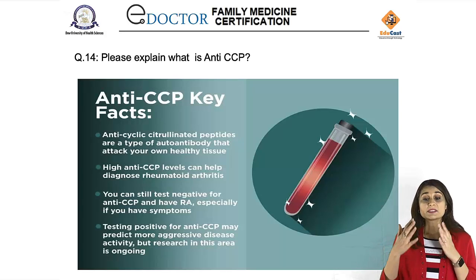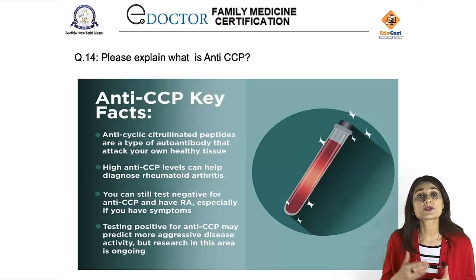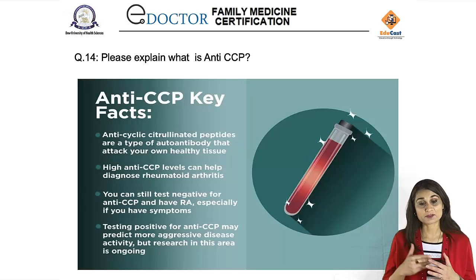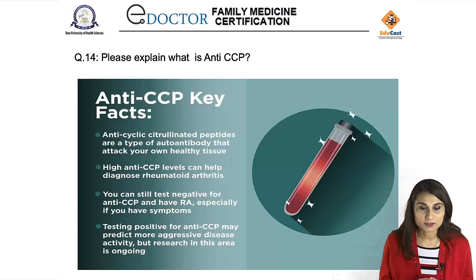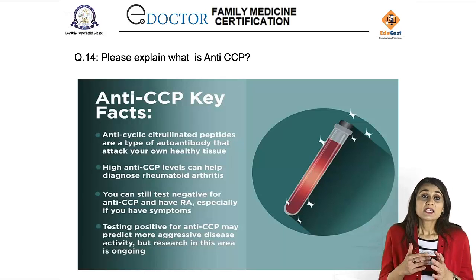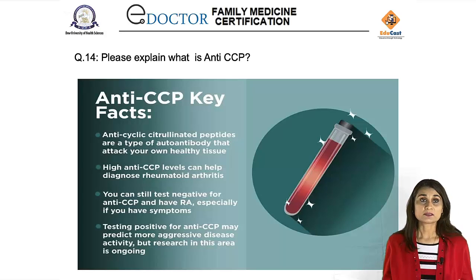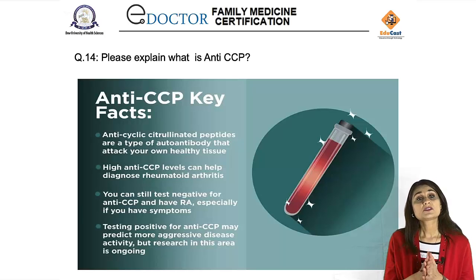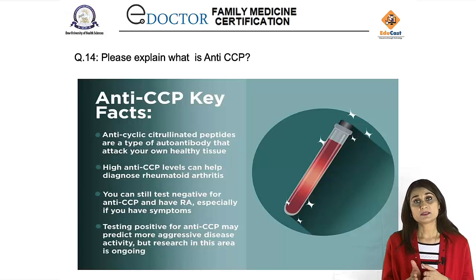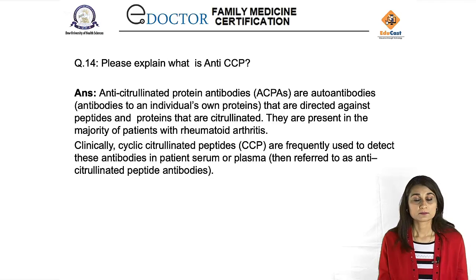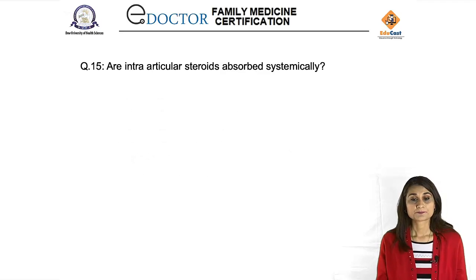They predict more progressive disease activity if you see anti-CCP in a rheumatoid arthritis patient, because it can still be negative and you can still have rheumatoid arthritis. But if you see a positive anti-CCP, it means that the disease is aggravating. So this is important to remember.